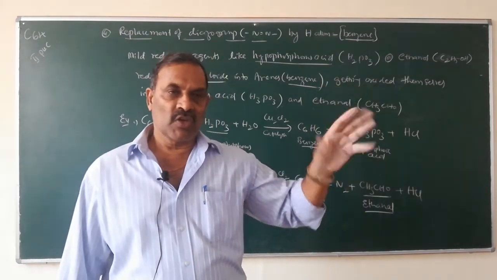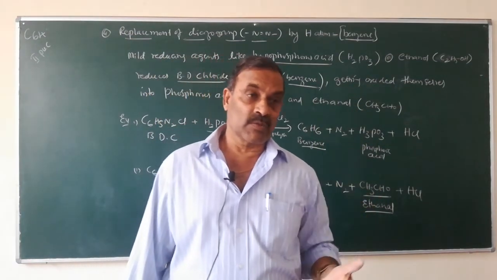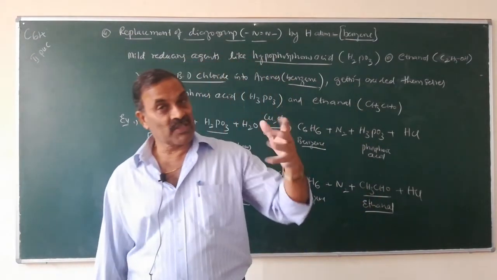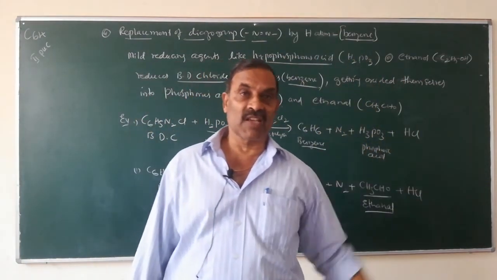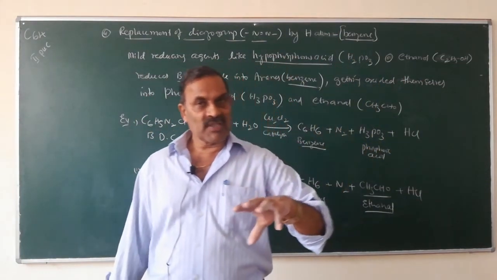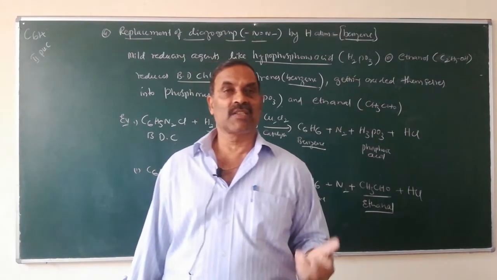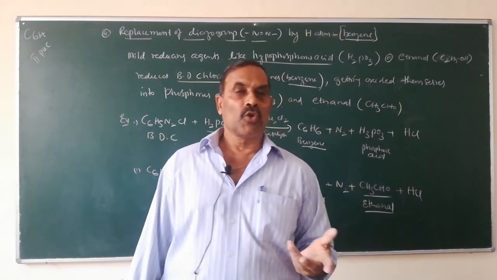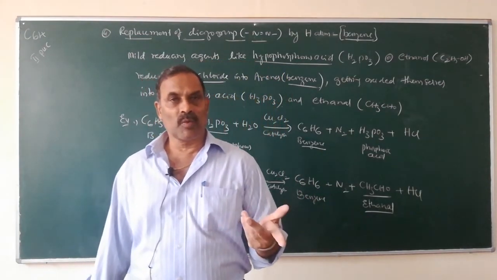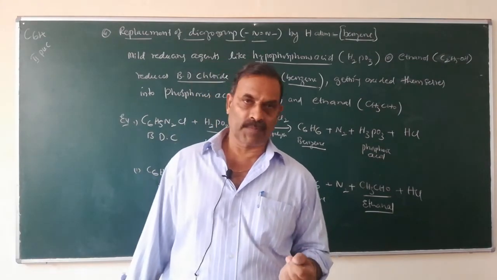Here diazonium salts react with the corresponding halogen acids in presence of cuprous salts in case of Sandmeyer's reaction, in presence of copper powder in case of Gattermann reaction. So we get chlorobenzene, bromobenzene, cyanobenzene, etc.